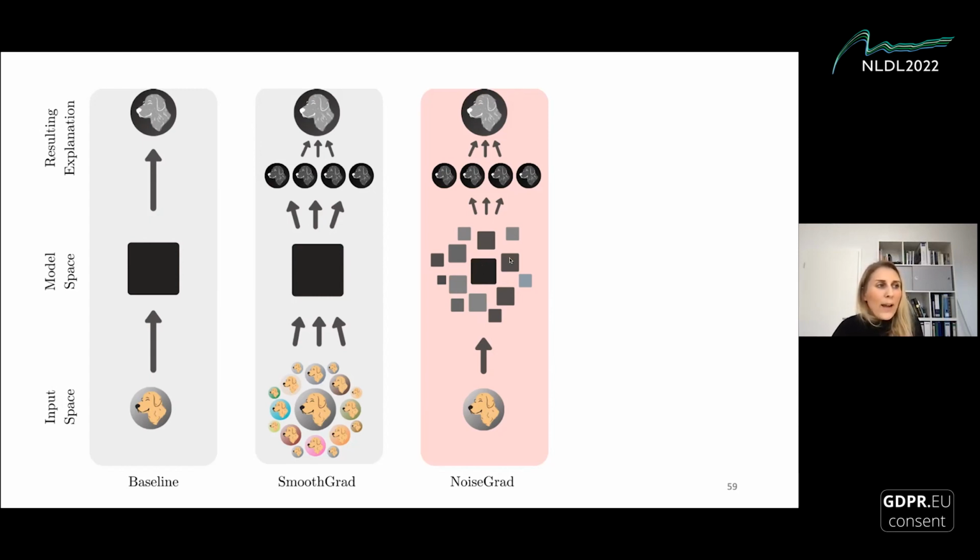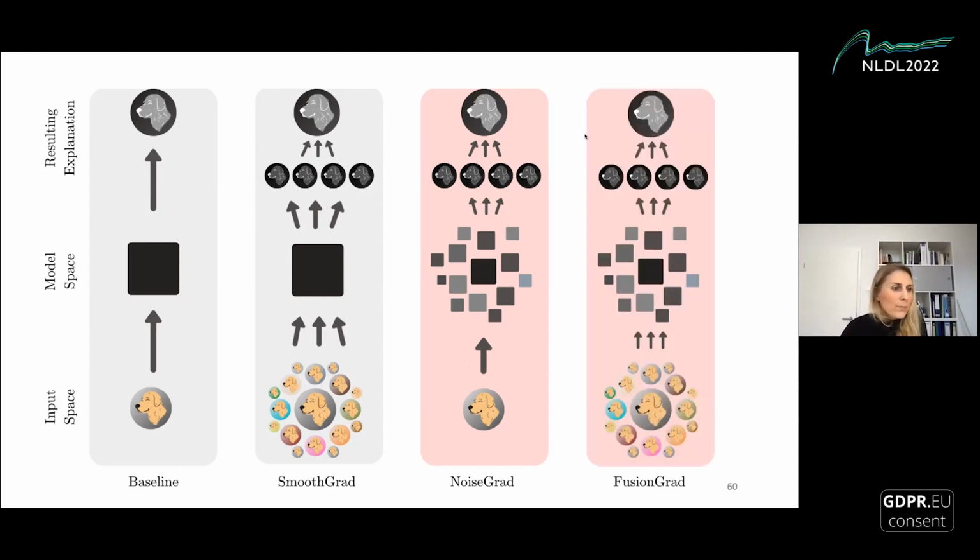And by each time adding different noise to the original trained model, we get different versions of our model. We then feed our input image into all the different models and, of course, get a different explanation for each model, and then we can average the explanations.